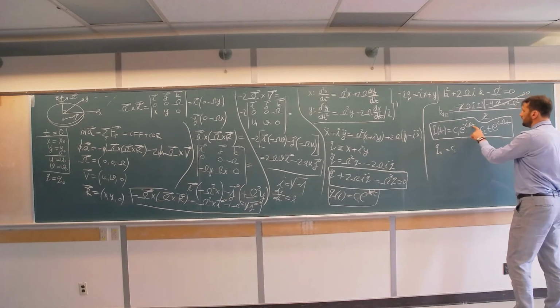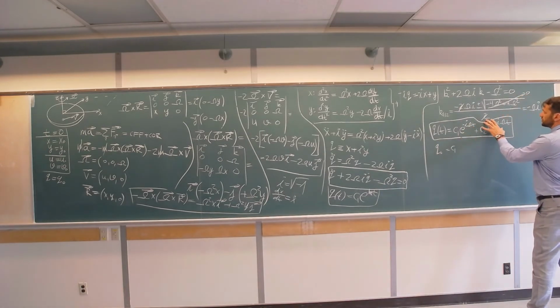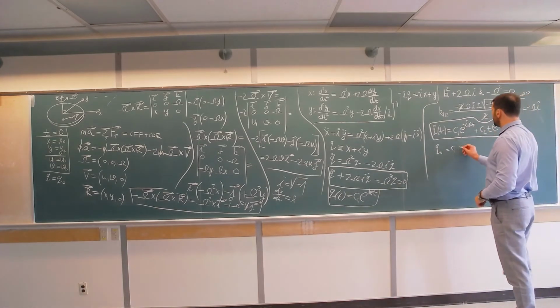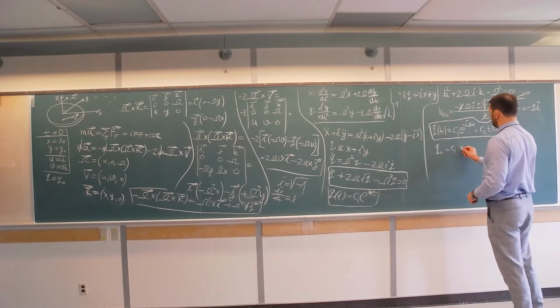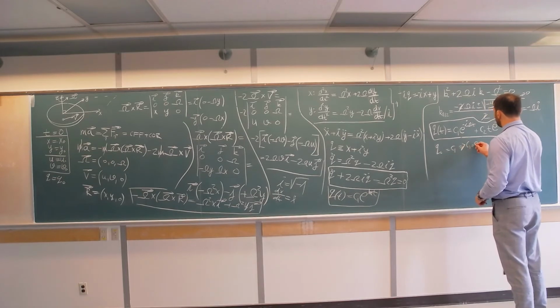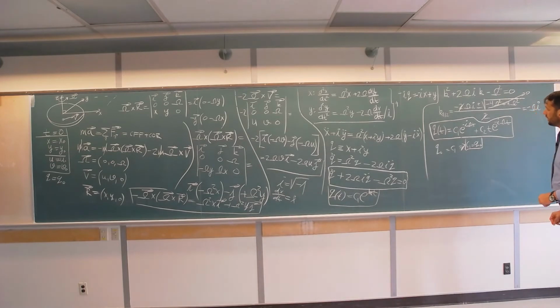When t is 0, this collapses to 1. But when t is 0, this term disappears because you're multiplying with 0. Notice that C1 is q0. Okay, but we still have coefficient C2 to find.